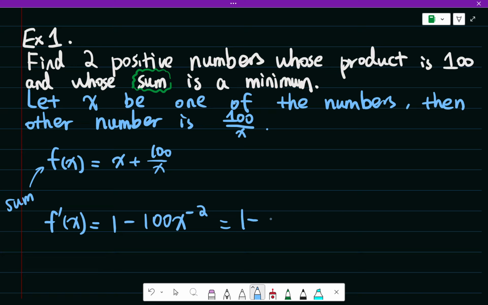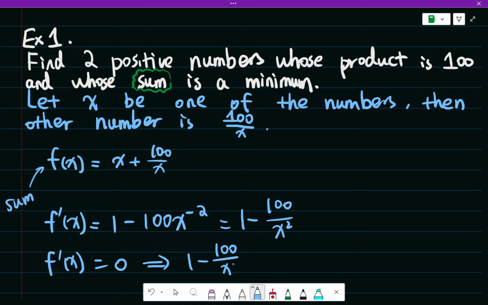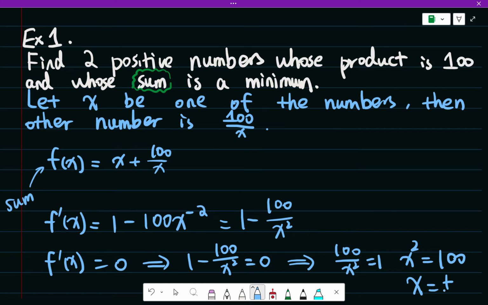If we write it in a nice way, it's 1 minus 100 over x squared. Next is to set this derivative to 0 because we're trying to find local extrema. Then we have 1 minus 100 over x squared is equal to 0. So 100 over x squared is 1, x squared is equal to 100, and x is positive or negative 10.